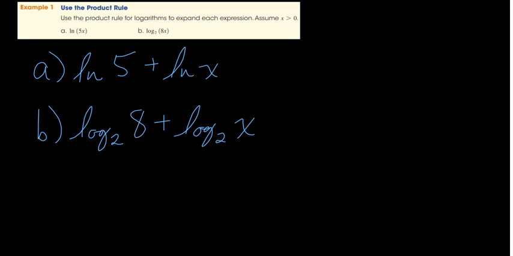We're not done yet though, because log base 2 of 8 is actually a number, isn't it? 2 raised to what power will give me 8? Well, that would be 3. So this is essentially saying 3 plus the log base 2 of x. And I'm pretty sure we're going to go into the quotient rule next, so we're probably going to expand into the quotient rule for the next example.